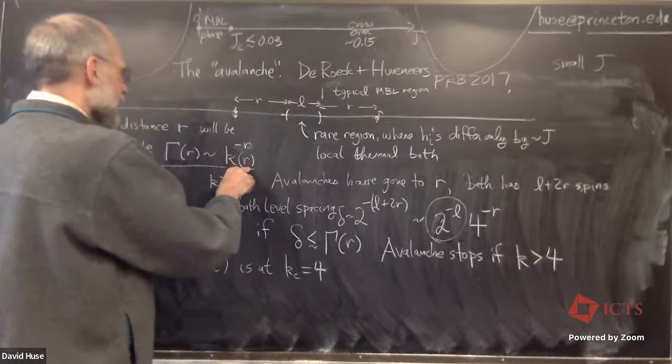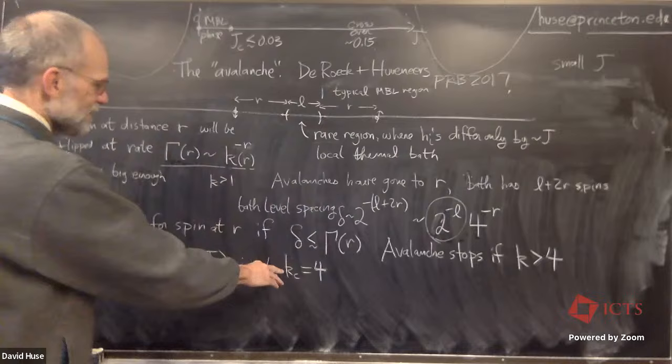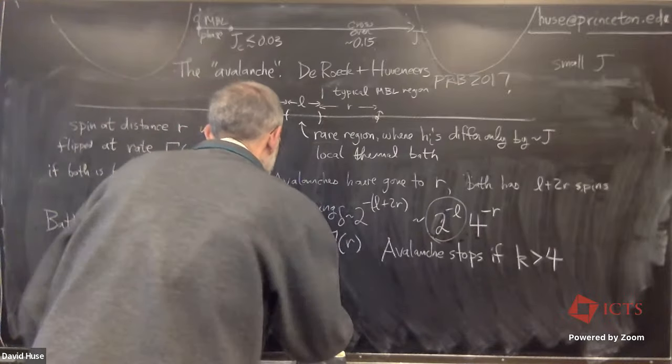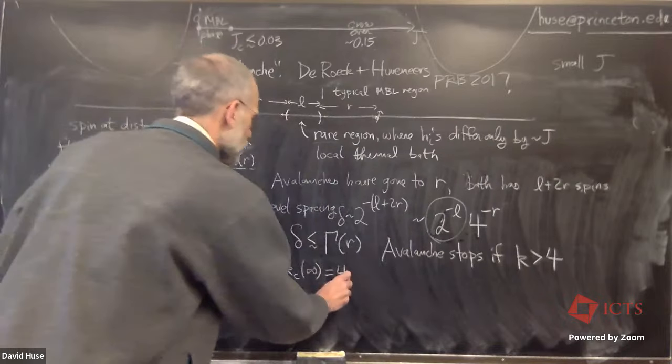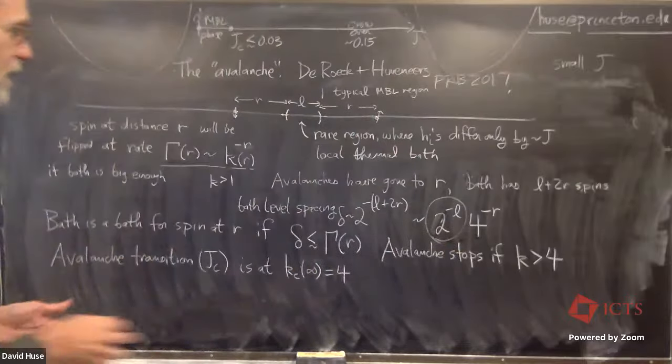It has an R dependence, and so this would be K sub C at infinity is 4. Because when we're saying the avalanche stops, we're saying it can't go off to infinity.